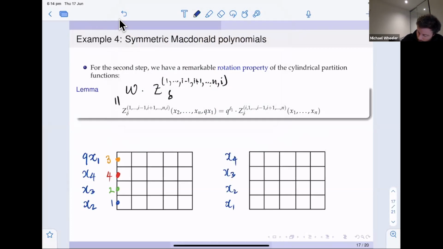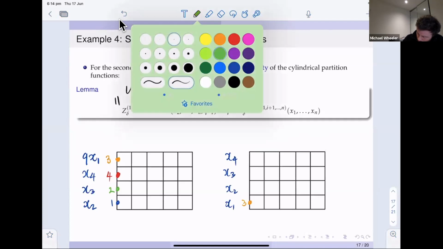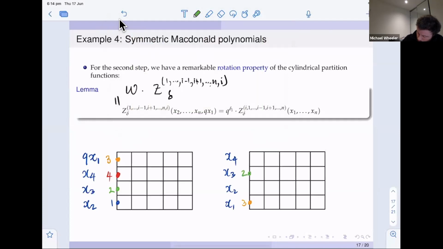And color 3 will come to the bottom now. And will be a 2. This will be a 4. And this will be a 1. Okay, so already you can see there should be some sort of rotation which is happening here.